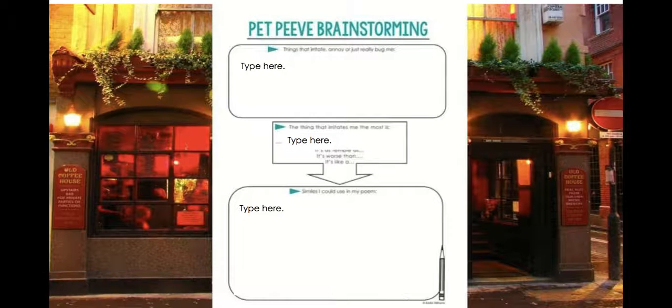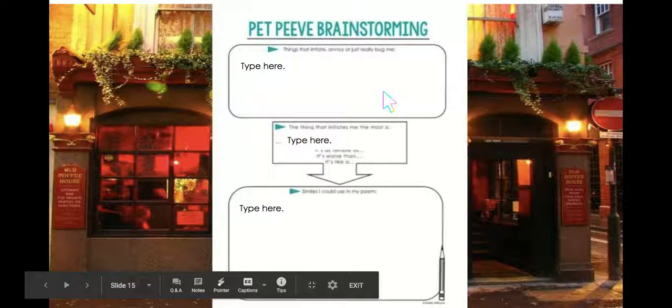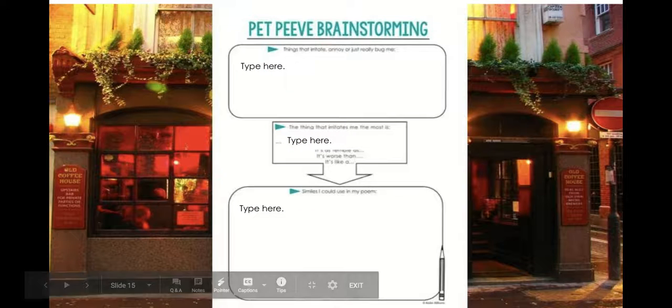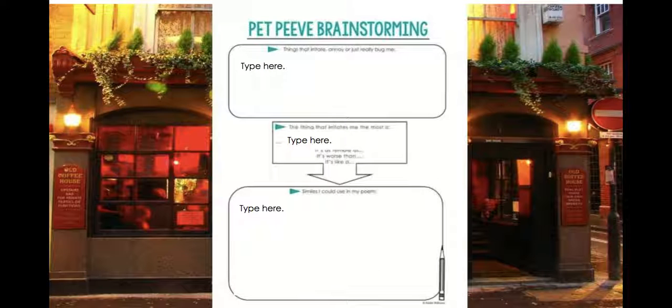Okay, when the video is over, you'll have 2 pages to fill in. This first one is your brainstorming. In the top section, you will type in things that irritate, annoy, or just really bug you. For me, it would be high-pitched noises. And other things that bug me is when people don't clean up after themselves. Those are probably my top 2.